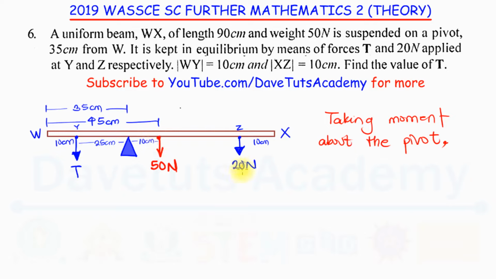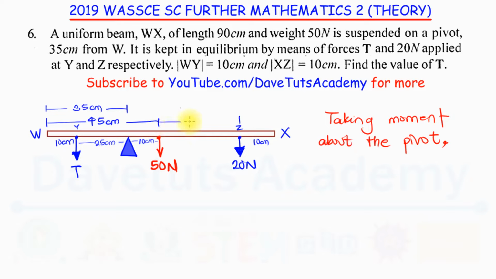So now we also have this force, the 20 Newton force here, and we are told that it is 10 centimeters from X. The whole of the length is actually 90 centimeters as given in the question. If we take 10 centimeters out, then this remainder from W down to here should be 80, or better still, we can say since half of that length is 45 centimeters, we're taking 10 centimeters out.